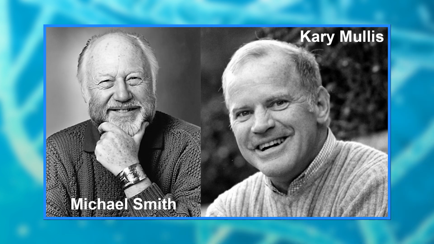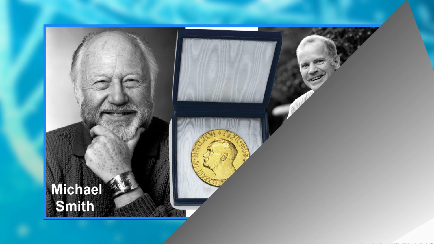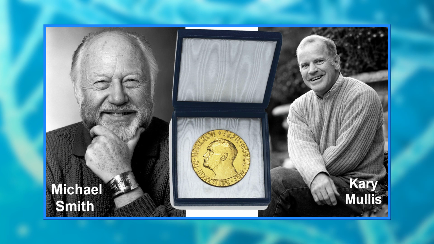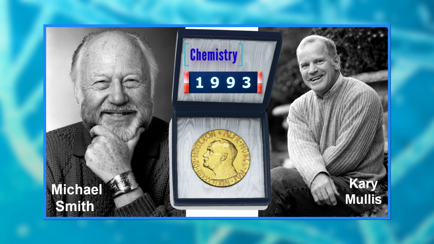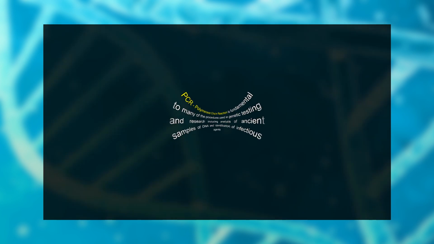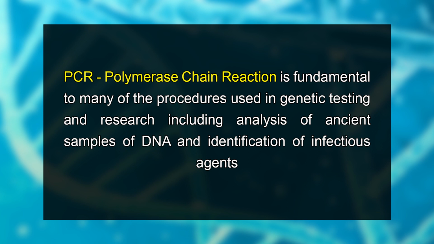Kary Mullis and Michael Smith, who developed other essential ways of manipulating DNA, were jointly awarded the Nobel Prize in Chemistry in 1993. PCR is fundamental to many of the procedures used in genetic testing and research, including analysis of ancient samples of DNA and identification of infectious agents.